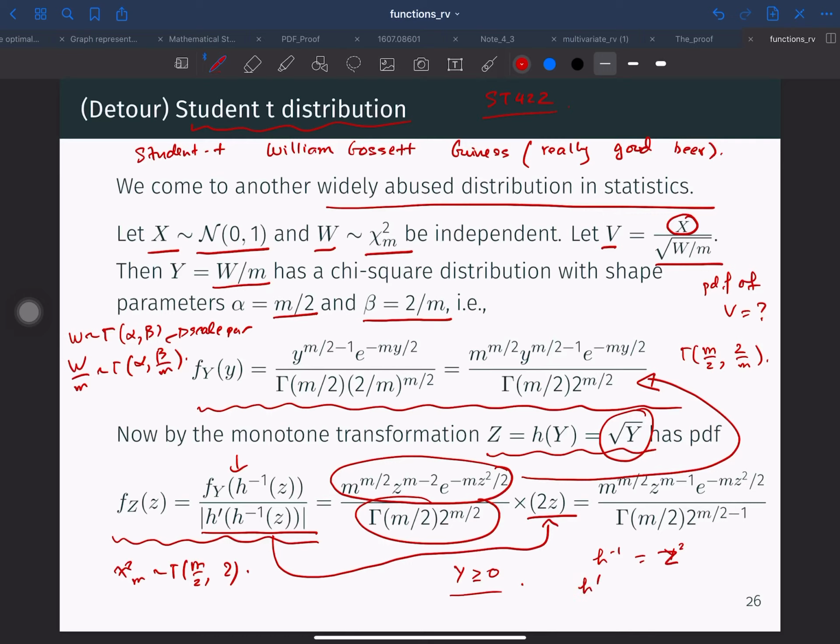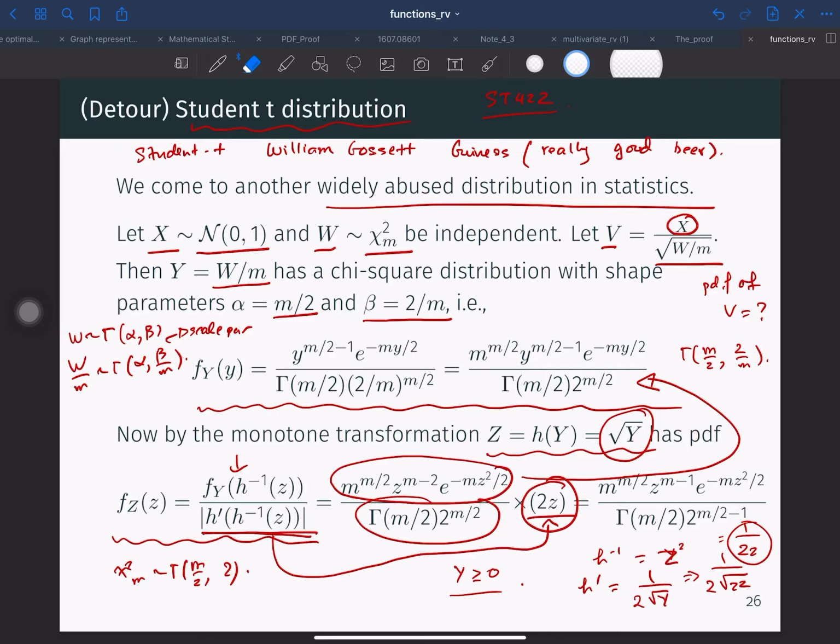H prime is 1 over 2 square root of Y, so we get 1 over 2 times the square root of Z squared, which is 1 over 2Z. If I divide by it, that will be multiplying by 2Z.